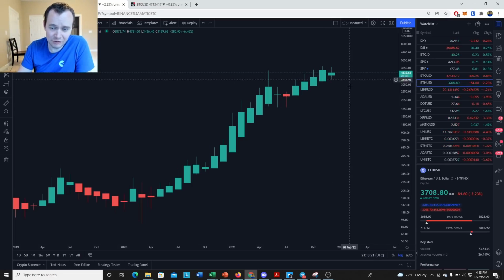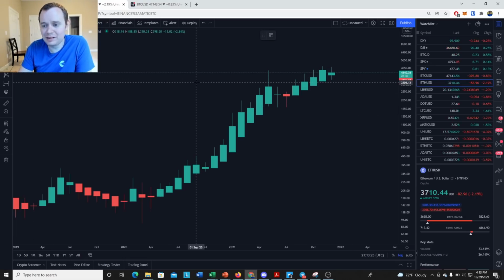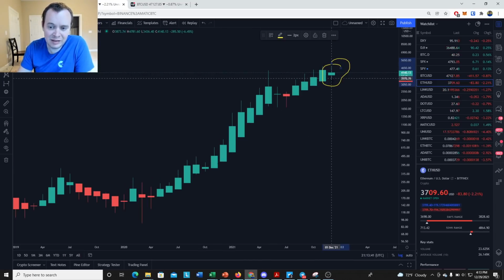So from this perspective, there certainly is reason to still be somewhat optimistic, but do note that uptrends, as we said before, are characterized by large candle bodies, large shadows on the upside, but not the downside. And this one does have one to the downside here.